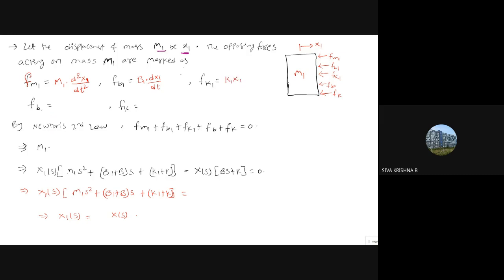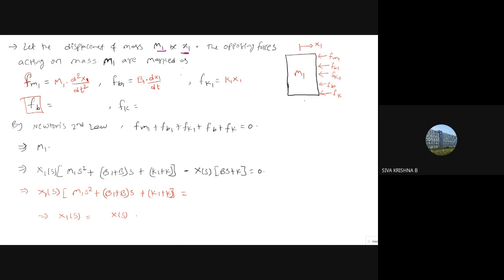Next, similarly b, it lies between two displacements or a single displacement. That's part b. Is it ideal or in between two masses? In between. In between means what about displacement?